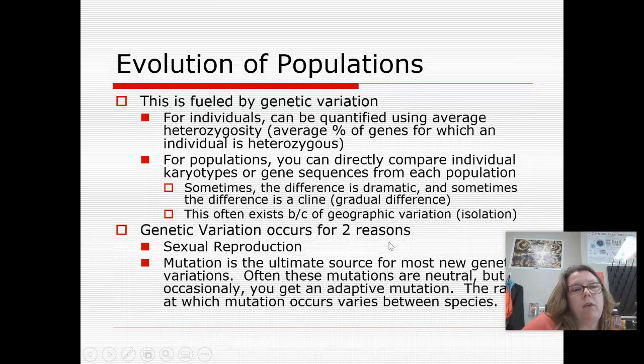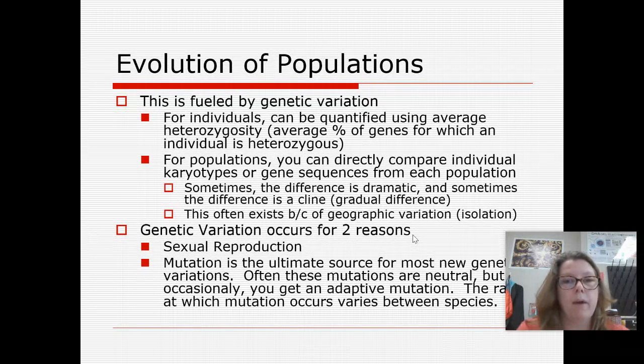Remember that the genetic variation that fuels natural selection exists for two reasons. The first reason, of course, is sexual reproduction. We know all about that. Meiosis produces crossing over, and those crossover events produce variation.